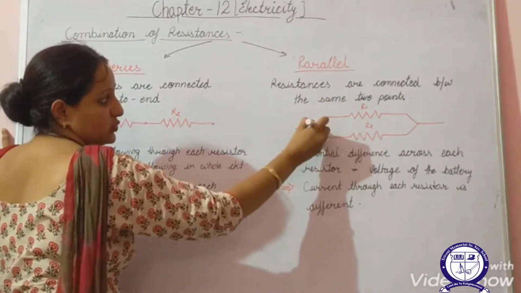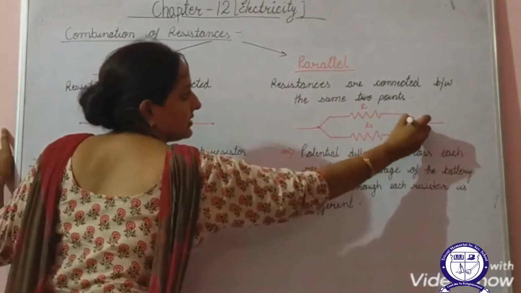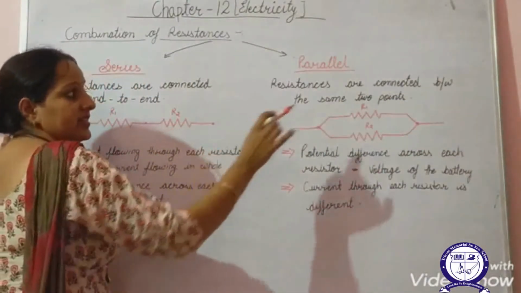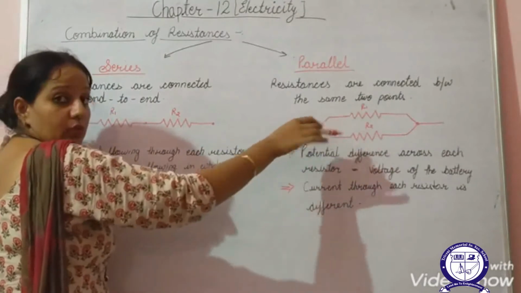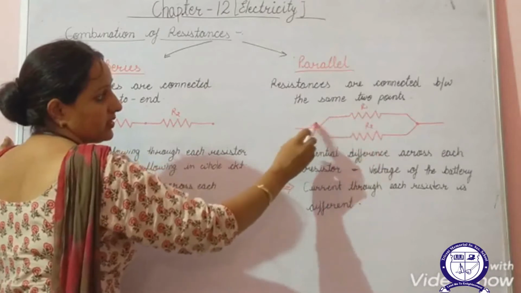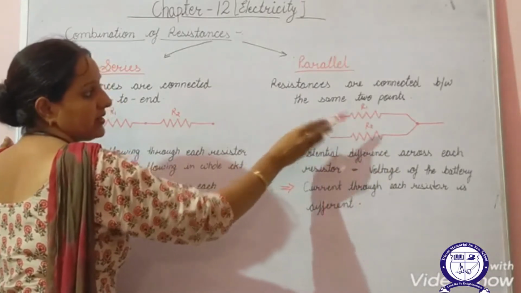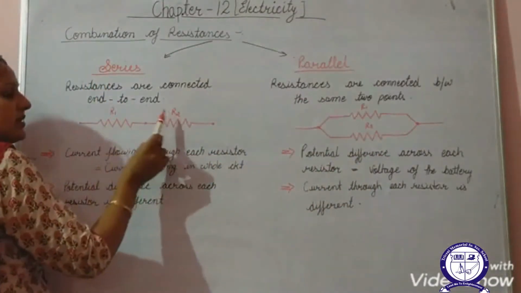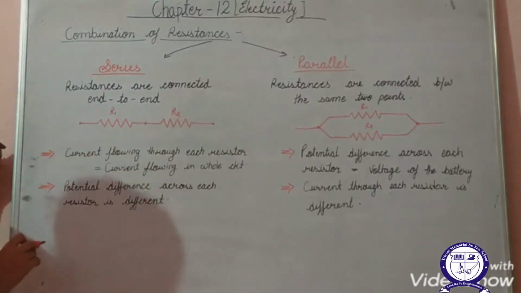Suppose I take these two points as common, one is this and the other is this. If I connect the resistors between these two points, then they are said to be in parallel. So here I have connected R1 and R2 between these two points. So here R1 and R2 are in parallel and here R1 and R2 are in series.